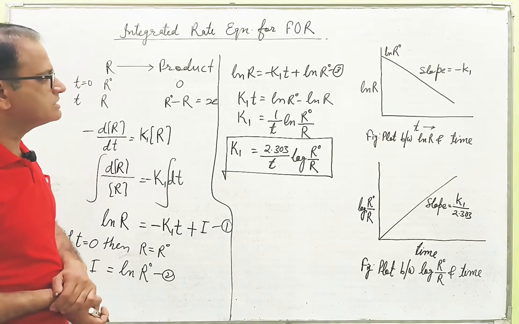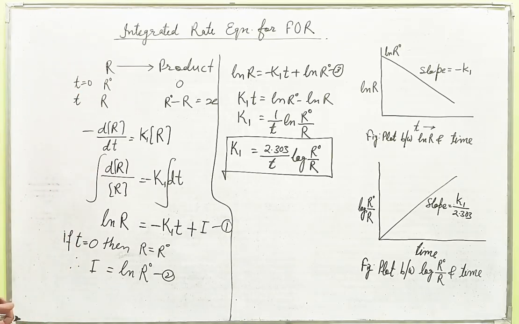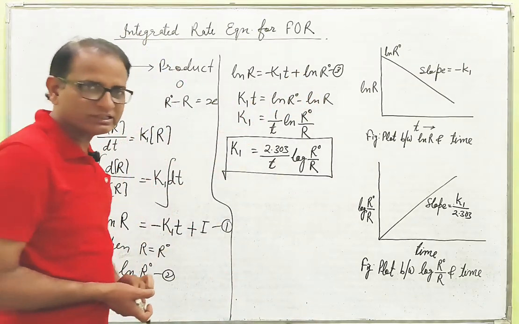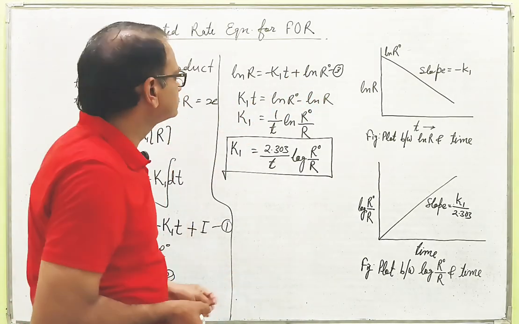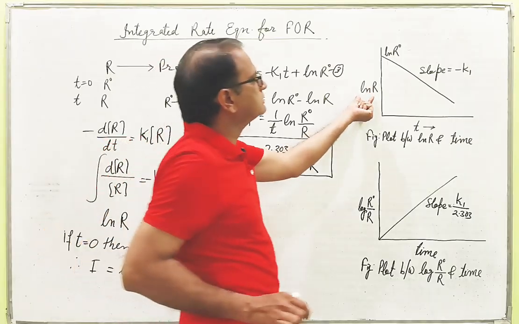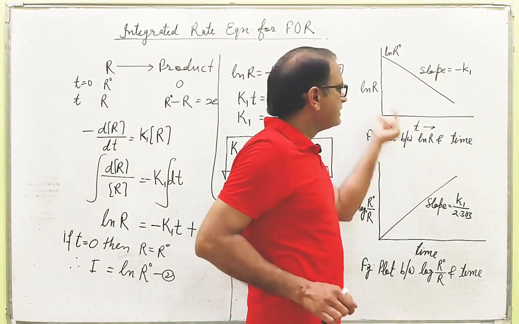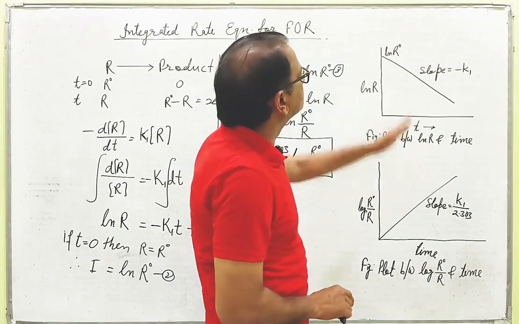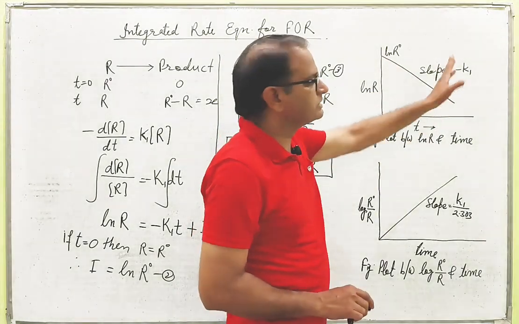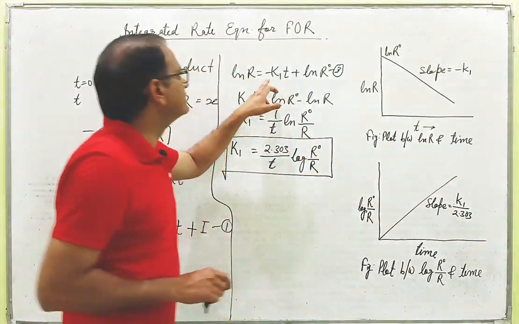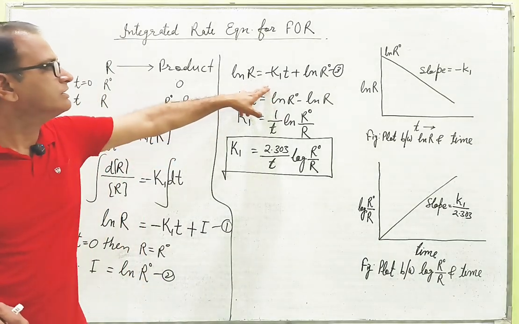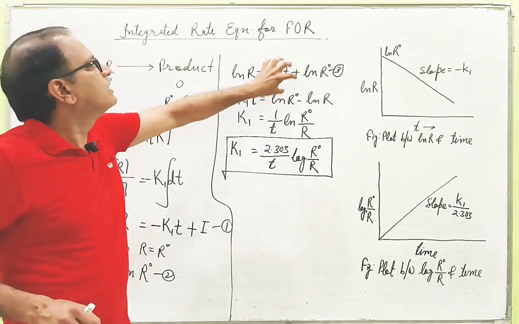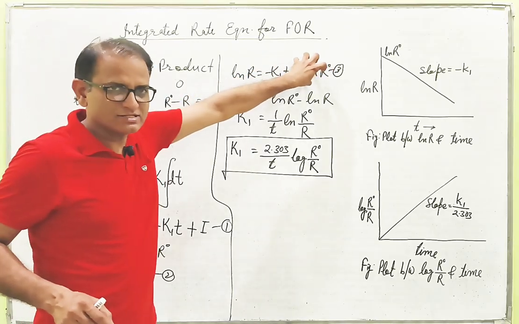Now see, if we plot a graph, say this equation, that is why I said we will take this later. So if we plot a graph between log natural R and time t, then what we will get? We will get a graph like this with a negative slope, minus k1 t. So this is what, y is equal to mx plus c. Am I right?